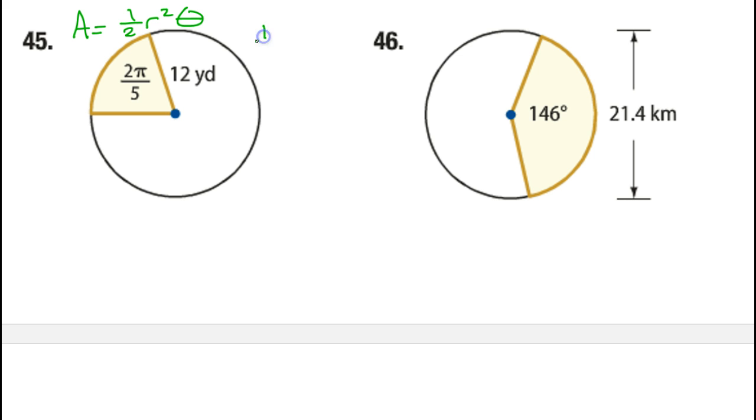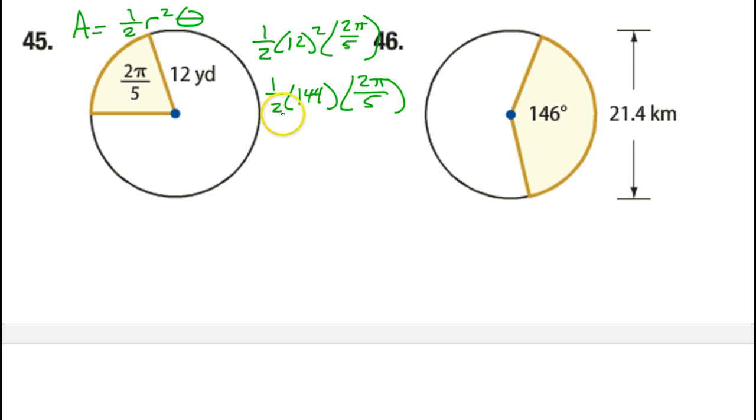So this is going to be 1/2 times 12 squared times 2 pi over 5. Now 12 squared is 144. And that's 2 pi over 5. If they had asked us to find an exact answer, we really could this time.